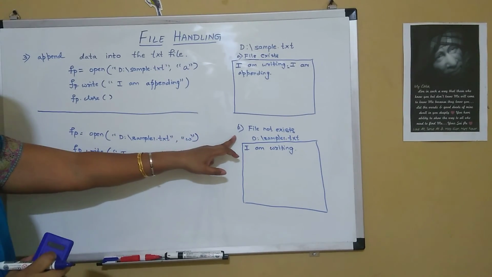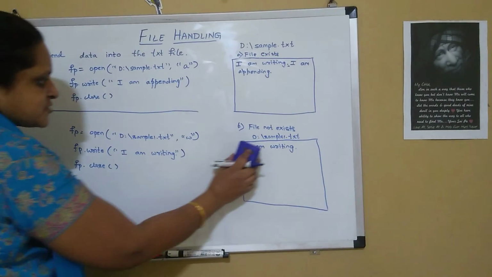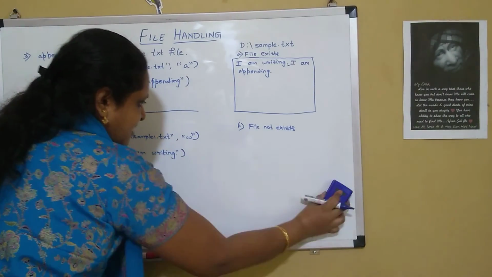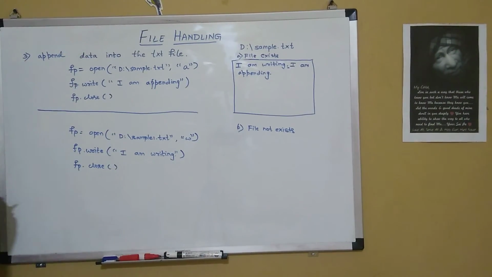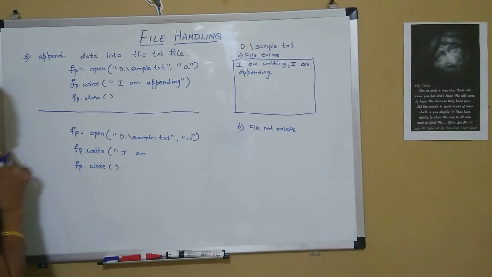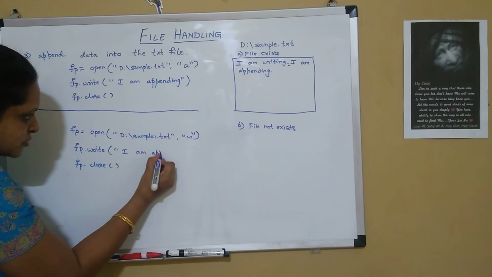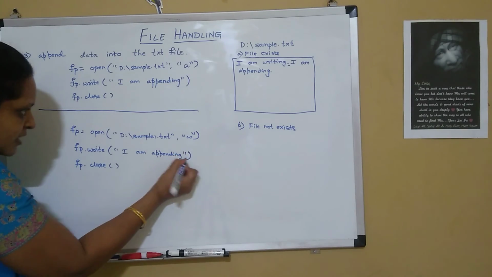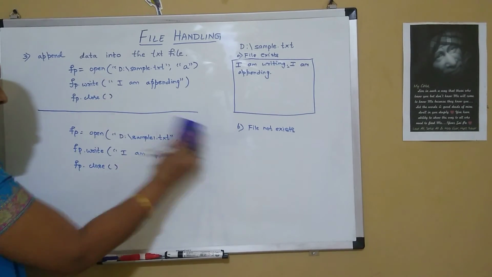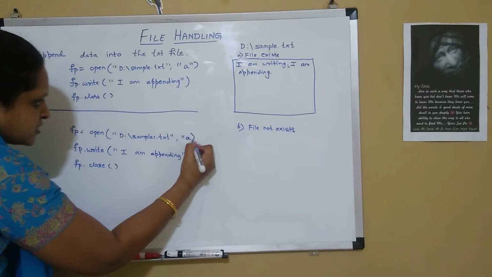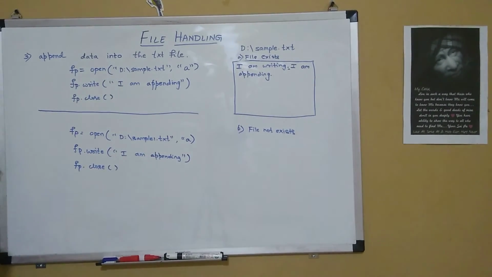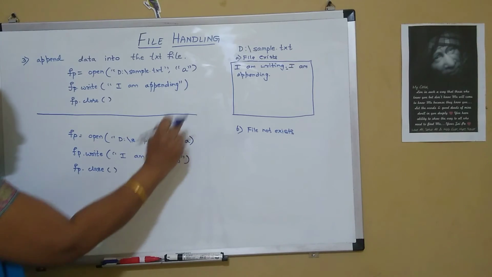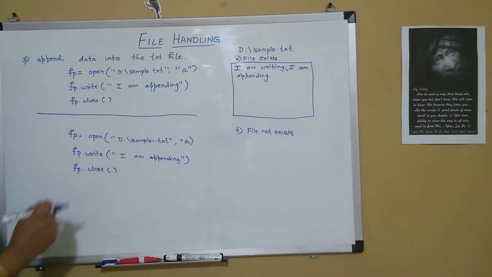So there is also a second scenario wherein the text file does not exist. And I want to write I am appending into the text file, and I want to open it in append mode. So what happens when the file does not exist, that is sample1.txt does not exist in D drive?